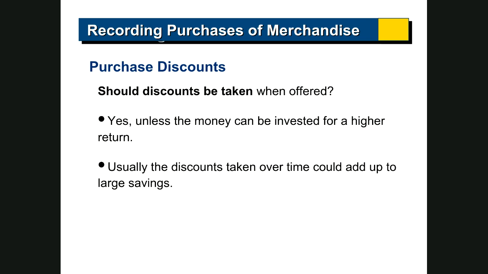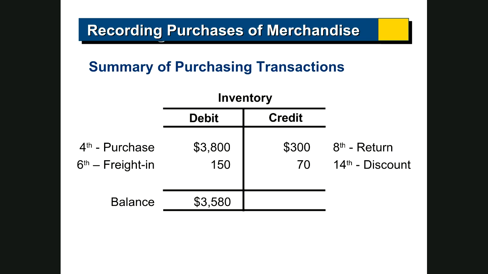Okay. Now, it's usually a good idea to take the discount because it adds up. Here is the inventory account. Initially we purchased 3,800 and debited the inventory. Everybody knows what a T account looks like. If you return the item, you credit 300.